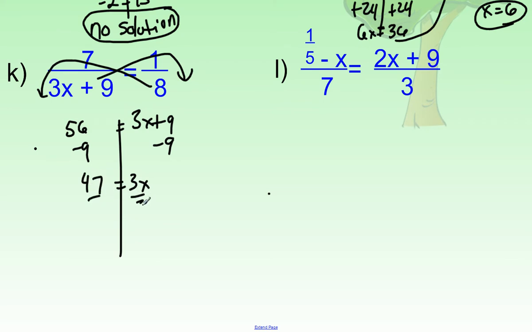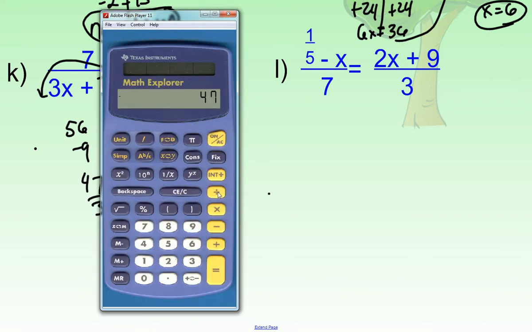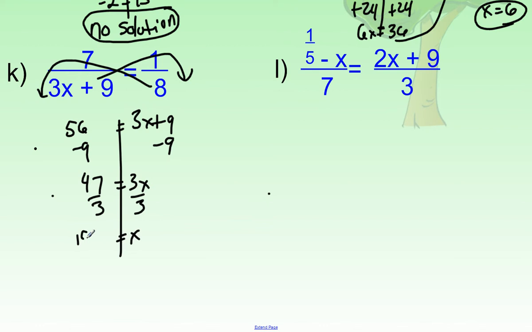Divide both sides by 3, we get some ugly number because this is not going to work out. 47 divided by 3 is 15, and this is the decimal expansion for 2/3. 2 divided by 3 is 0.6666, so it's 15 and 2/3.